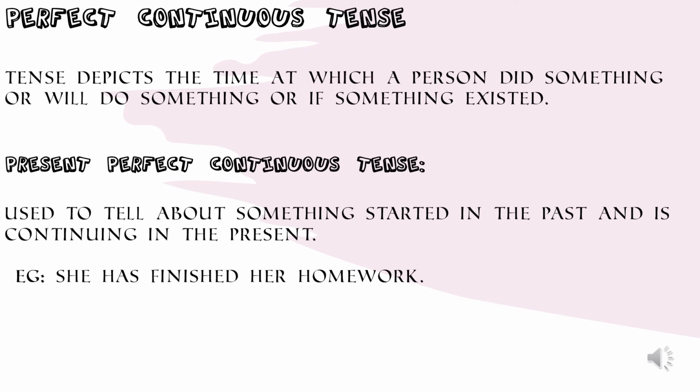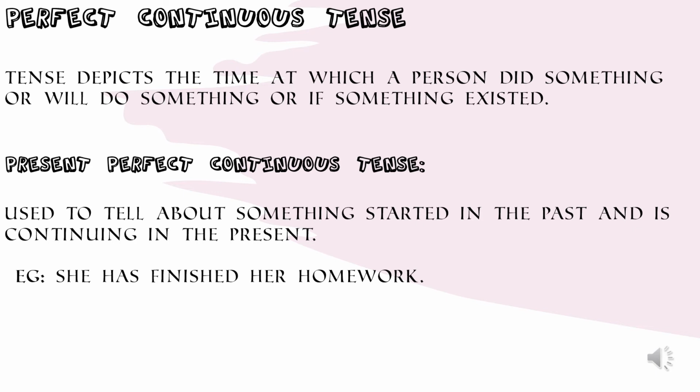Perfect continuous tense. So what is perfect continuous tense? Tense depicts the time at which a person did something or will do something, or if something exists. The first one is present perfect continuous tense. Present perfect continuous tense is used to tell about something started in the past and is continuing in the present.